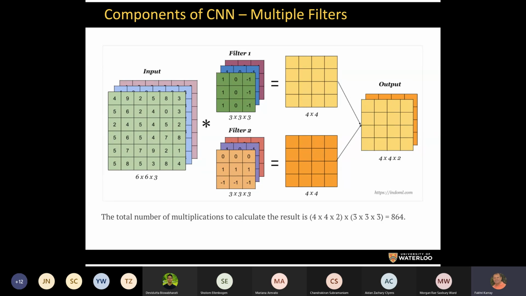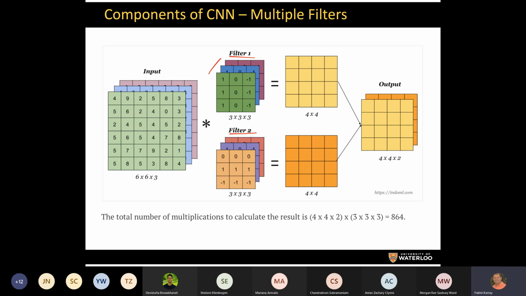This is again the example when we are dealing with multiple filters. I would also like to talk a little bit about the number of operations that we do for a particular system. How do we compute this type of operation? As you can see here, we have filter 1 and filter 2 in this representation, and then we have the input, which has 3 channels. For these 3 channels, we have to replicate the filters.